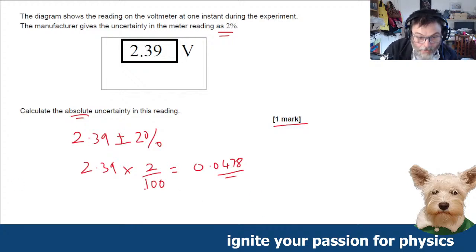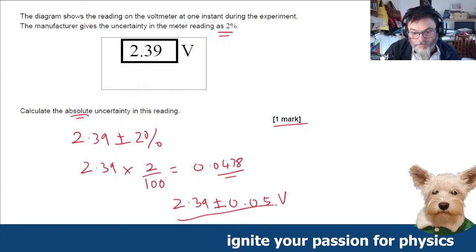So this means that our answer is going to be 2.39 plus or minus 0.0478. We can't justify that, so we'll go to 0.05 volts. Alright, so that will be the answer there. 5 centivolts. I got that wrong. But anyway, it's 0.05. So that's the first one.